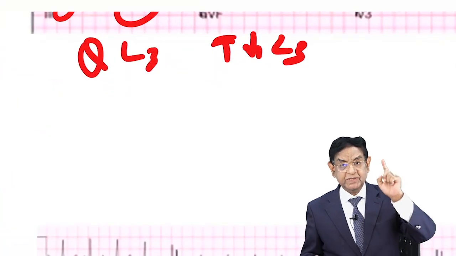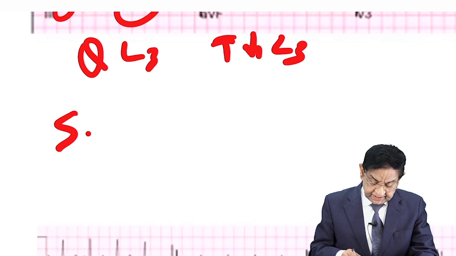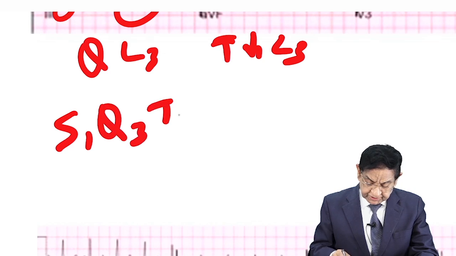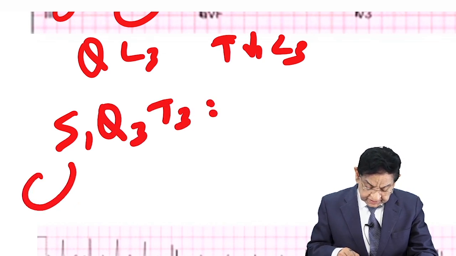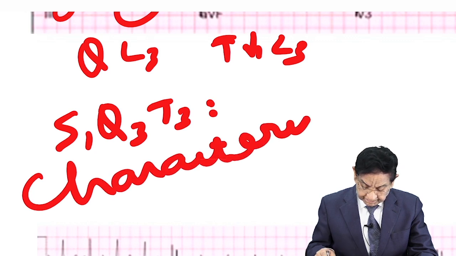But now comes the gold medal question. Tachycardia is the most common finding, and S1, Q3, T3 is the most characteristic finding.